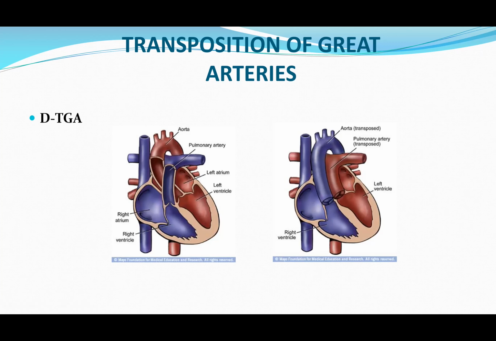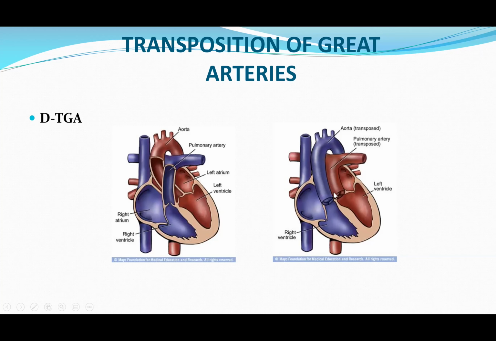So in this patient, you have deoxygenated blood coming into the right atrium, going across a mitral valve to a left ventricle. Then the left ventricle is pumping the blood to the lungs.